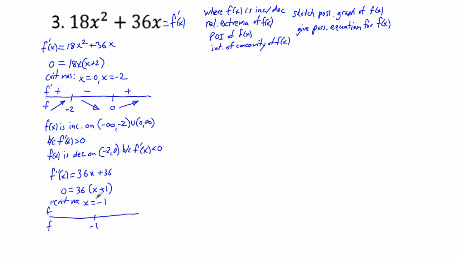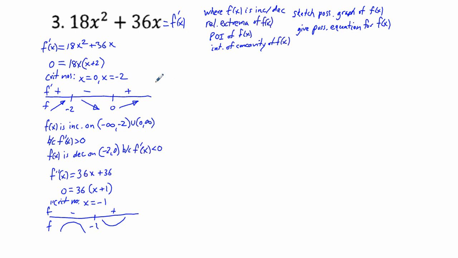To the left of -1, say -2, we have a negative, so we're concave down over this interval. To the right of -1, say 0, we have a positive, or concave up.